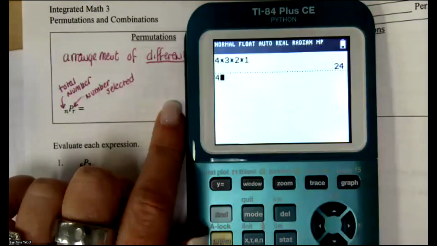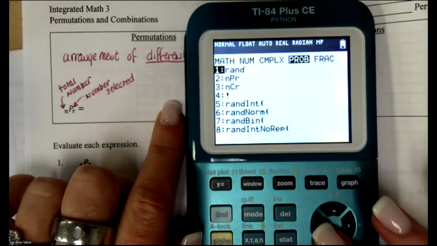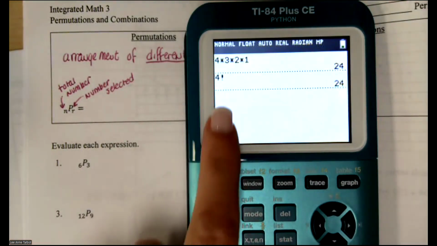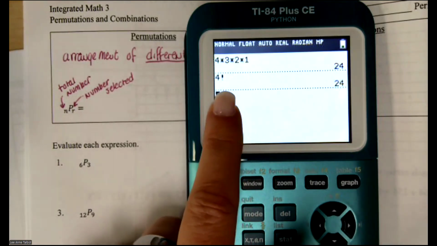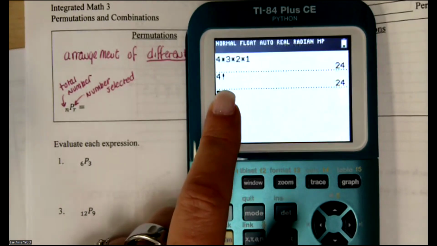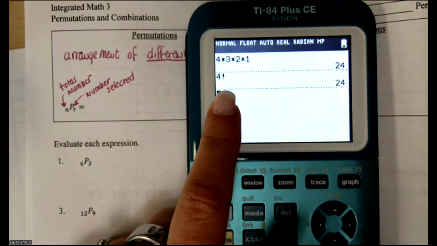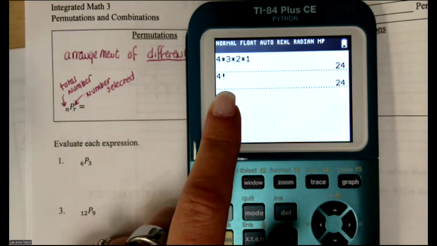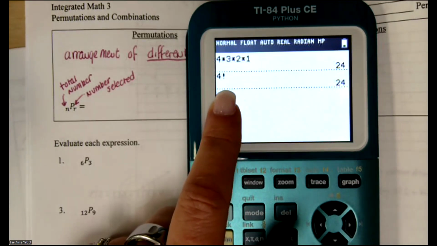I don't want to do 24. I want to do 4. We're not doing this on the calculator right now. Don't worry, don't dig it out. But 4 factorial, which I like to call 4, because it's like you're screaming it because there's an exclamation mark there. 4 factorial is not just 4. It is 4 times 3 times 2 times 1.